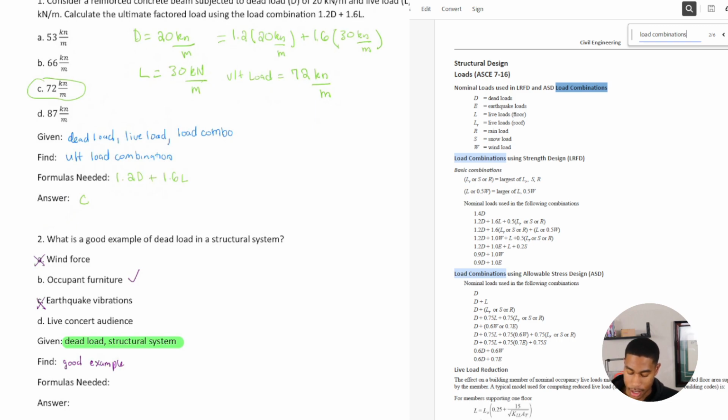That's no as well. They come in, you have that big amount of load, and then hours later they leave. Now they're gone. So no live concert. Your answer would be B.